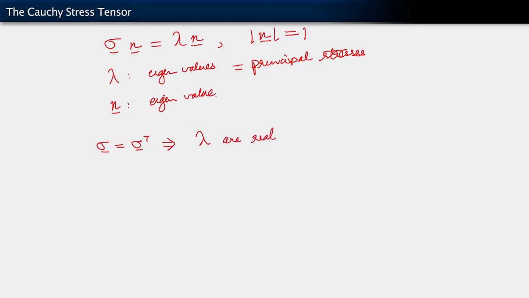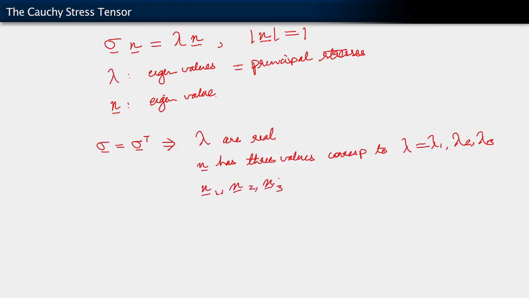Since the lambdas are real, it's always possible to set the eigenvectors n, which has 3 values corresponding to lambda equals lambda 1, lambda 2, lambda 3, and the values n1, n2, n3 can be made to form an orthonormal set.